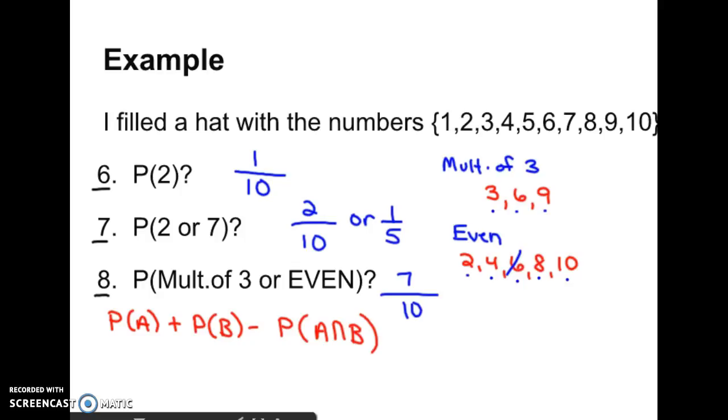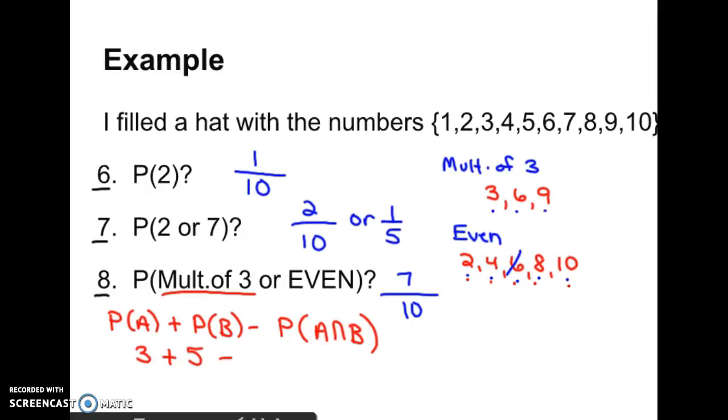Okay, this one's pretty logical because you can actually see the numbers, but if you have to use this formula, the probability of A, that means the probability of the first thing happening, so getting a multiple of 3, we know that there are 3 numbers that are multiples of 3. The probability of B. Okay, we know there were really 5 numbers that would be an even number. So again, originally you get 8, but you got to subtract where they overlap.